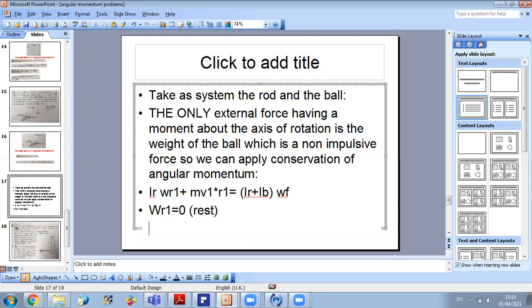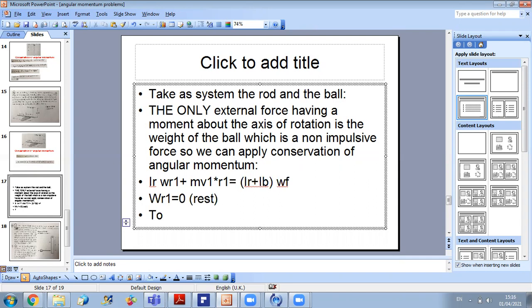In order to get V1, what do we apply? To get V1, we apply conservation of mechanical energy. Just a question: here we applied what we used to do, M1V1 plus M2V2 equals (M1 plus M2) times V, but we applied it on the angular momentum, right? Yes, 100%.